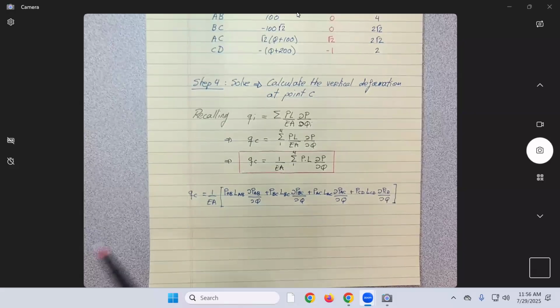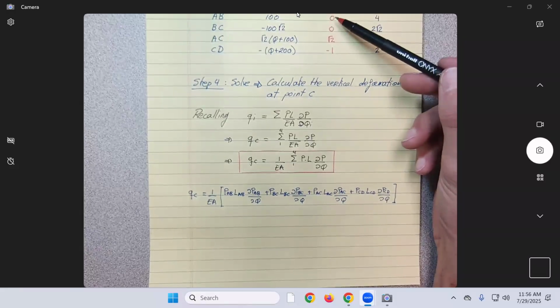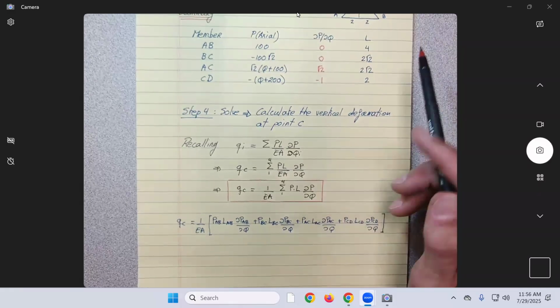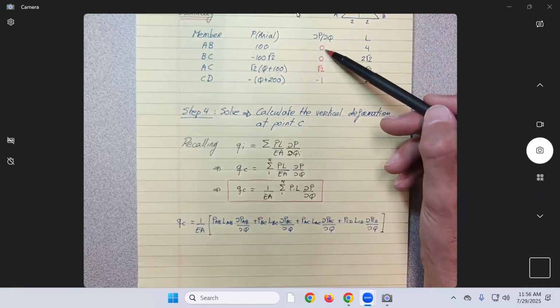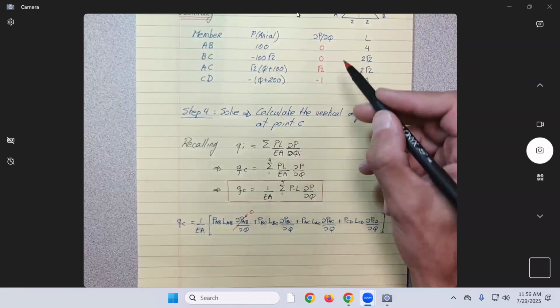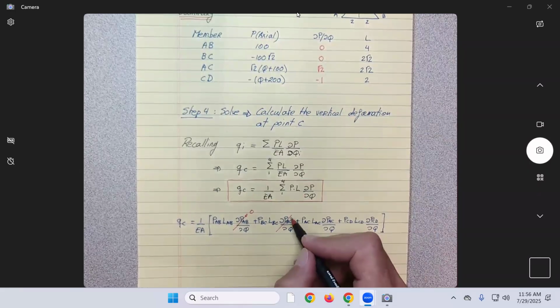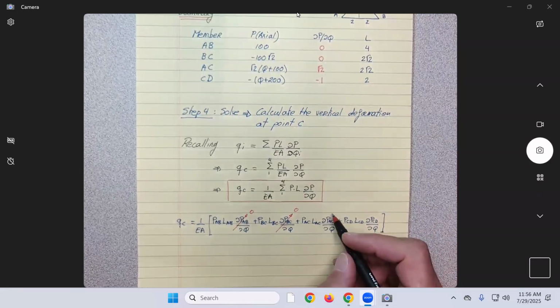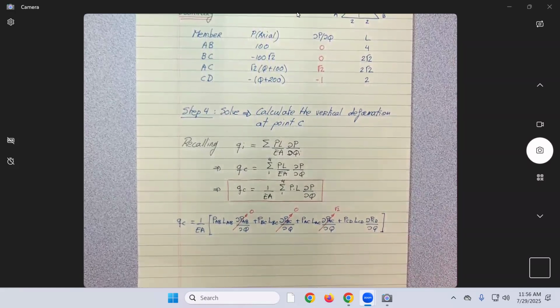And now let's look at this term. If you look at the table here, what will be partial of PAB with respect to Q? 0. So this term here is 0. What about PBC? 0. PAC, this one will be equal to what? Square root of 2.